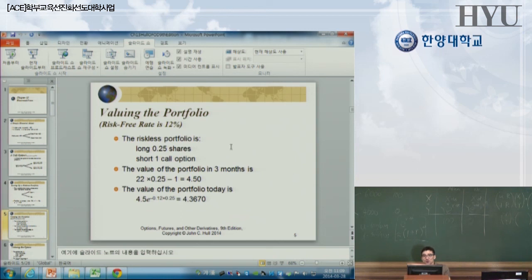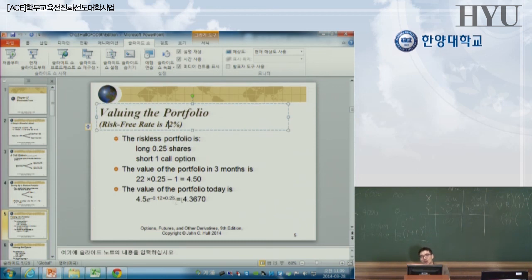So the riskless portfolio is I take a long position in 1/4 of the shares and short 1 call option. The value of the portfolio in 3 months is 22 multiplied by 0.25 minus 1, which is 4.5, right? So whatever happens, I receive 4.5 in 3 months. And here the risk-free rate is 12%.